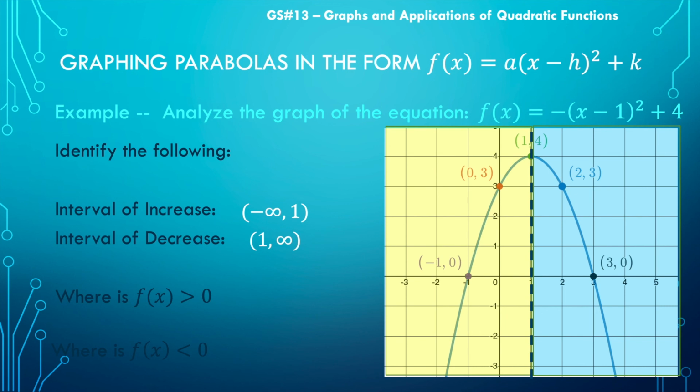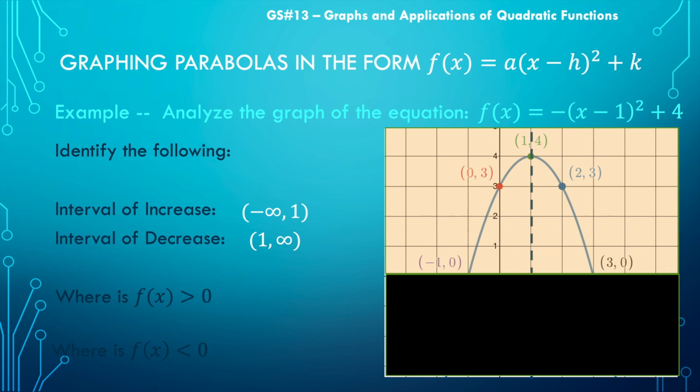Now let's look at where this function is above the x-axis. Looking at the domain of the graph that is above the x-axis, that would be everything from this x-intercept to this x-intercept, so from negative 1 to 3.